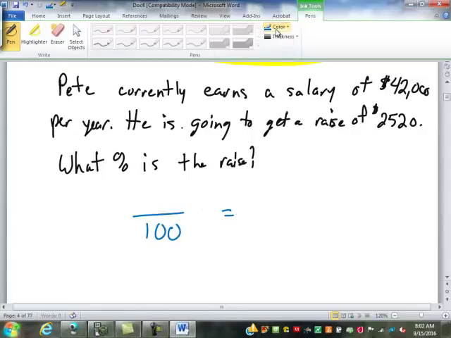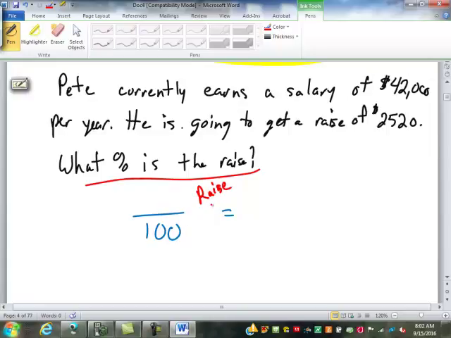So we've got to ask ourselves, what is represented by that missing percent? What we're talking about here is what percent is the raise, right? That percent is his raise. Now remember, the 100% is always either the whole amount or the starting amount.